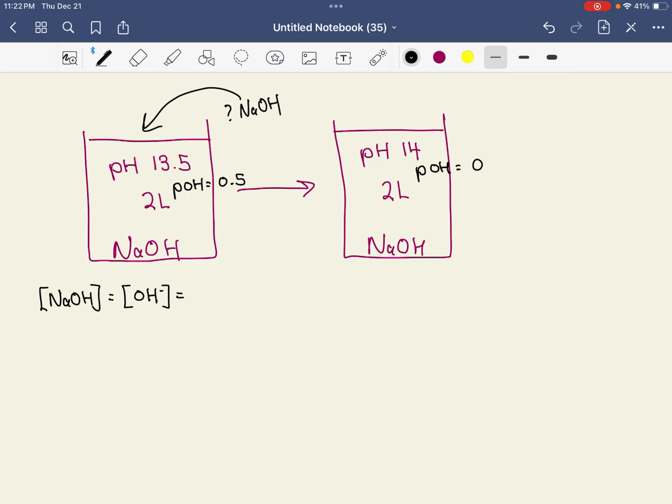So OH is going to be 10 to the power of negative 0.5. Sorry, negative 0.5. So I almost made a mistake there. It's going to be 0.316.